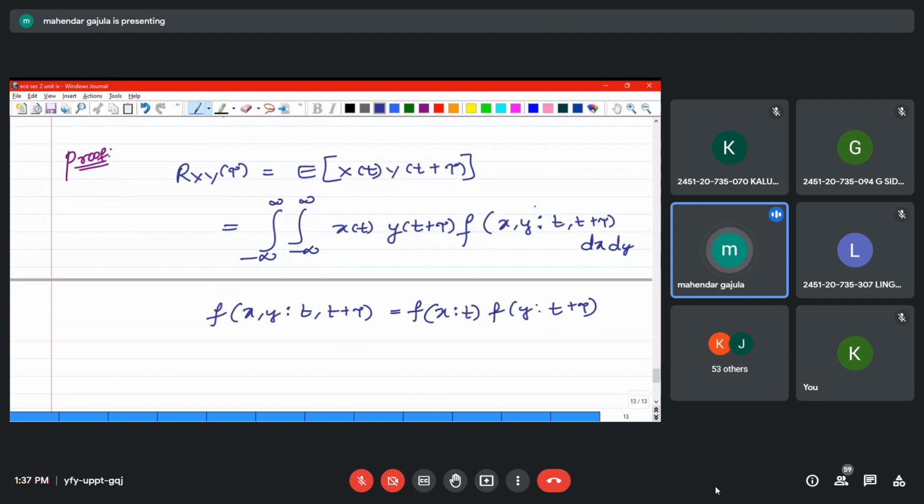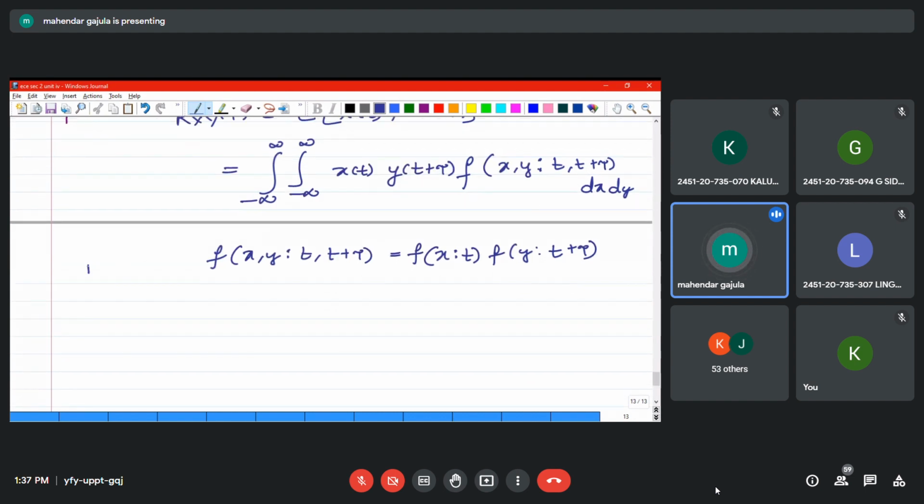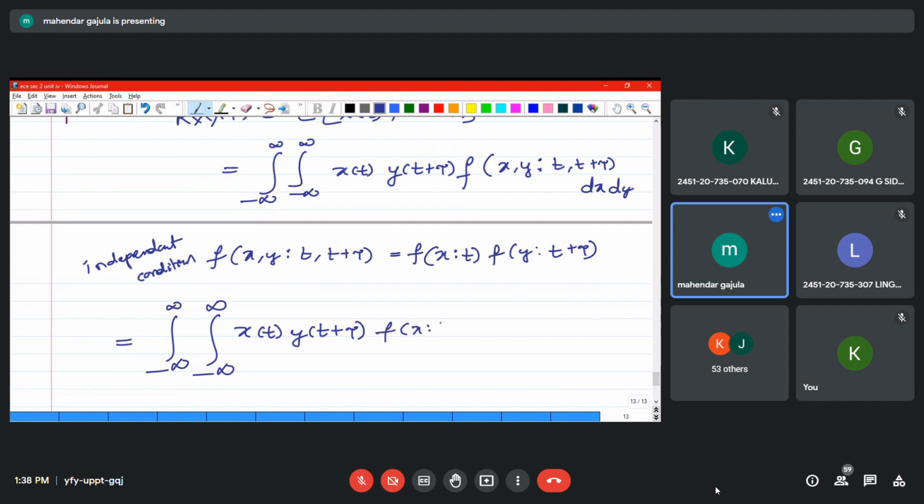So let us apply this independence condition. On applying that, integration from minus infinity to plus infinity, integration from minus infinity to plus infinity, x(t) y(t plus tau) f_x(x; t) f_y(y; t plus tau) dx dy.